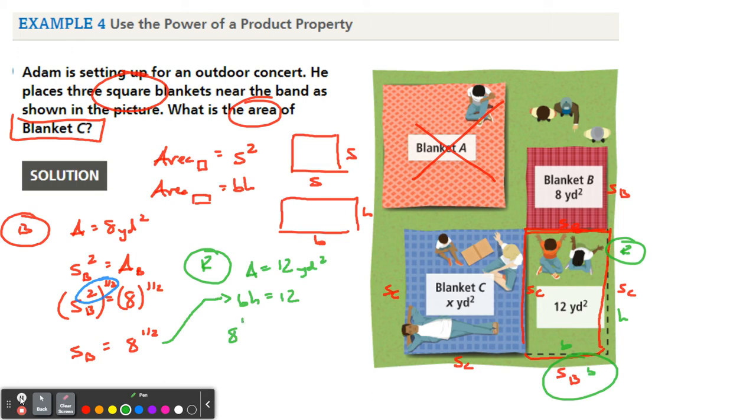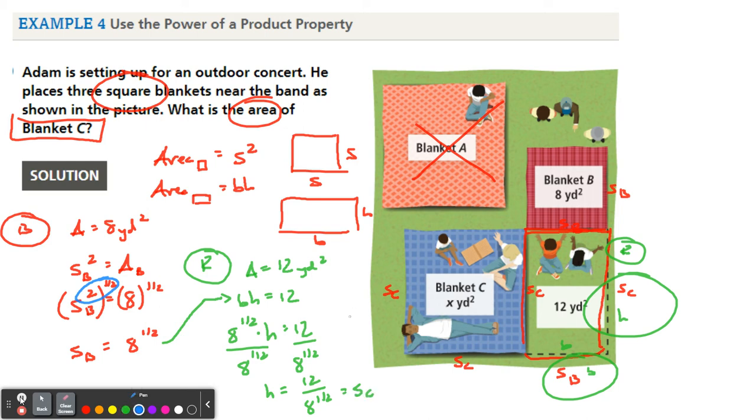So 8 to the 1/2 times H equals 12. I'm going to divide both sides by 8 to the 1/2 to get H by itself. There's the height, 12 over 8 to the 1/2 power. This height is also the side of the square C.